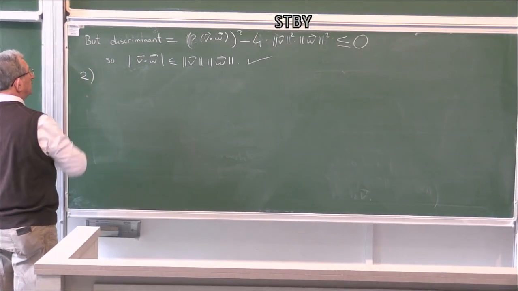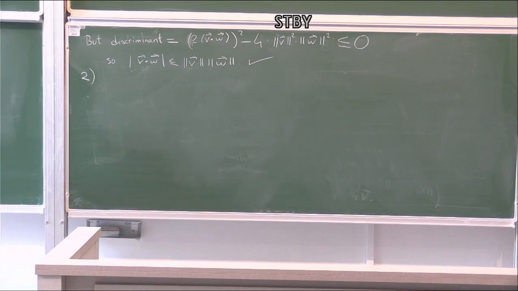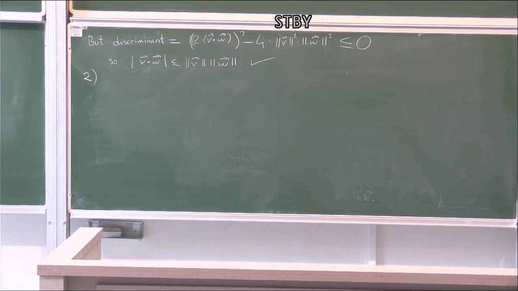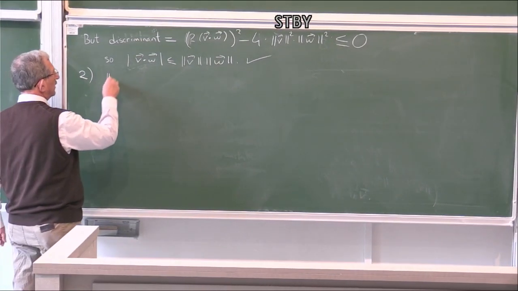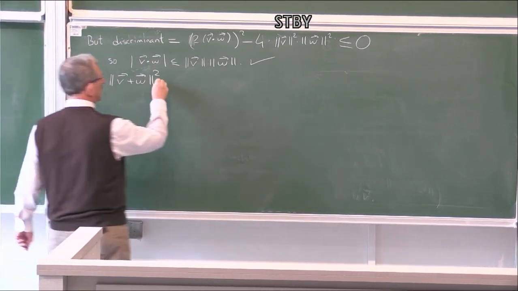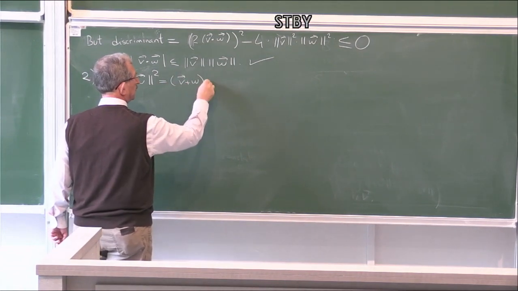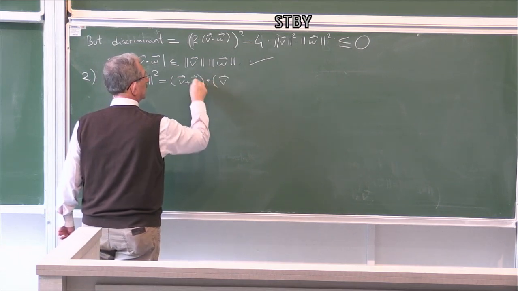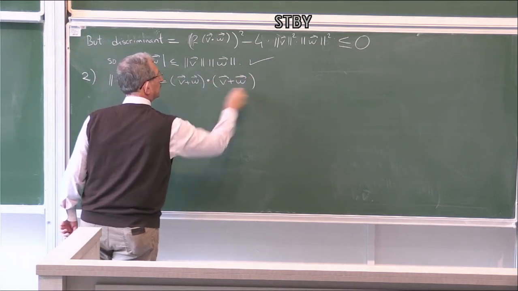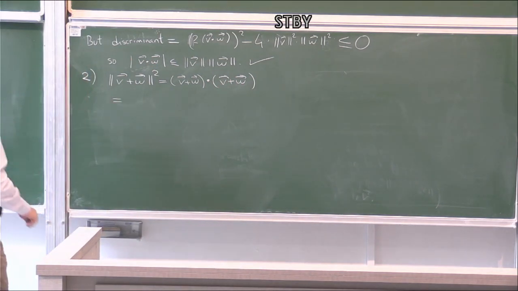For the second part, the triangle inequality, let us look at the case where lambda is 1. That's to say, let us look at the norm squared of V plus W. Well, it is V plus W dot V plus W. I will not go into details, we did it once for lambda.